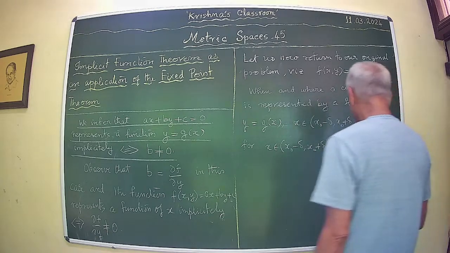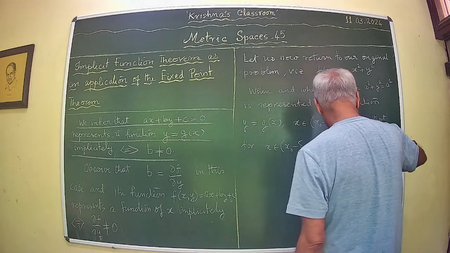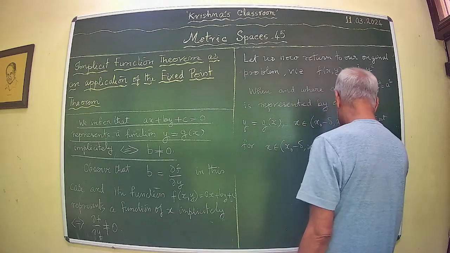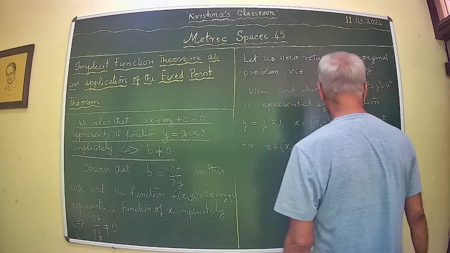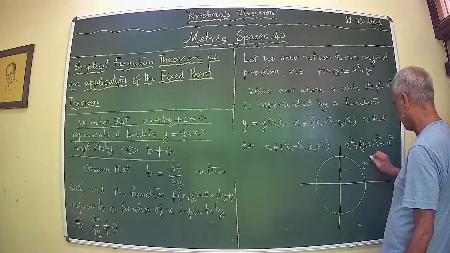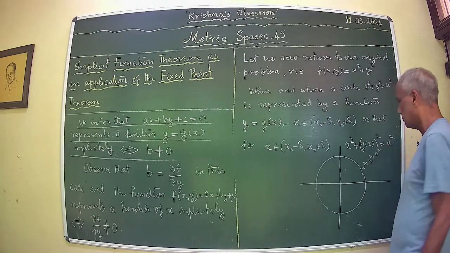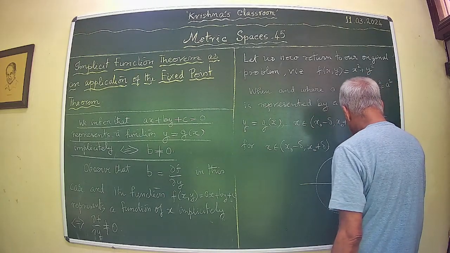Let us first once again return to our circle. This is the circle. Now suppose x naught y naught is a point here.